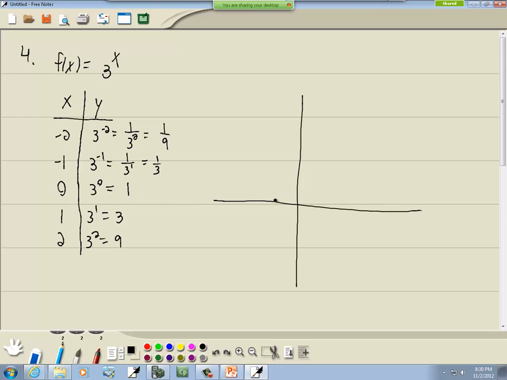So let me start out with 0, 1. So 0, 1, right there. Then we have 1, 3. So be right there. 2, 9, which is right there. Then -1, 1/3.